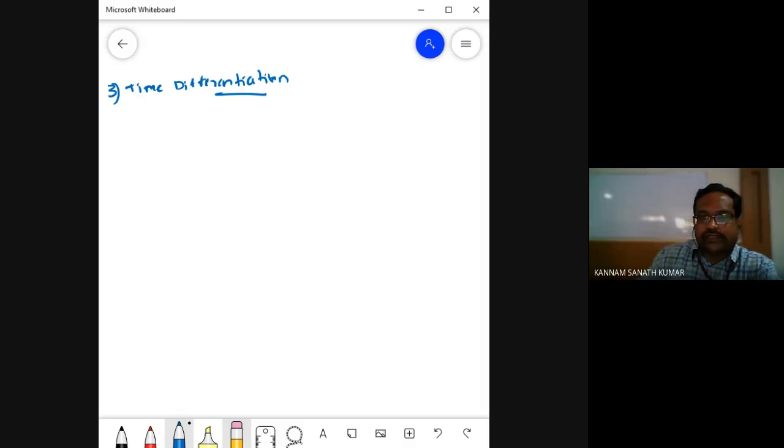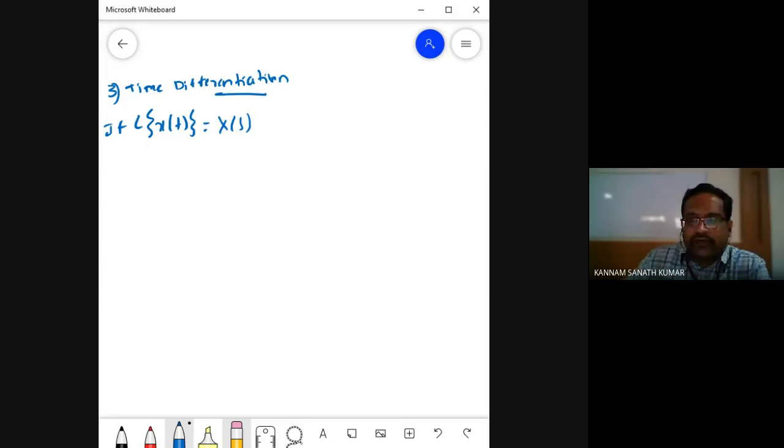This time differentiation says that if the Laplace transform of x of t equal to X of s, then the differentiation of the time domain signal, that means d by dt of x of t, is equal to what? S into X of s minus x of 0.